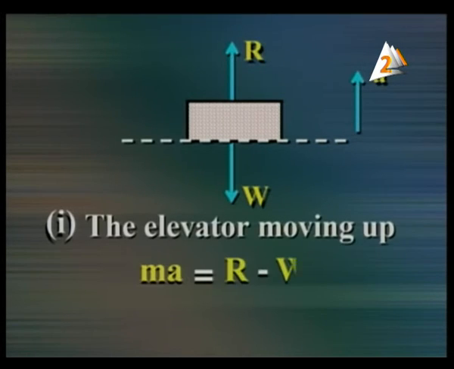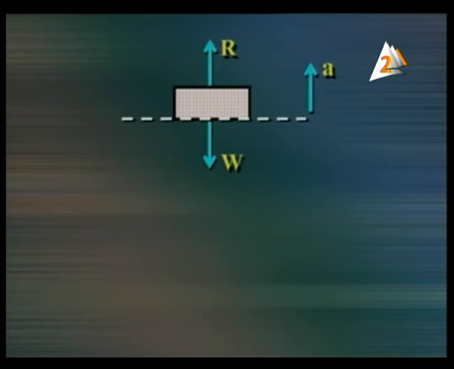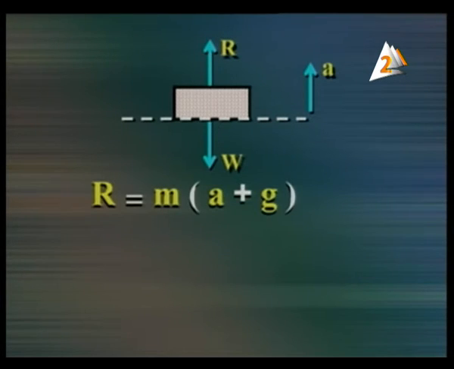Number 1, the elevator moving up means MA equals R minus W. R upwards and W downwards, so R minus W. Then MA equals R minus MG, so R equals M times (A plus G).